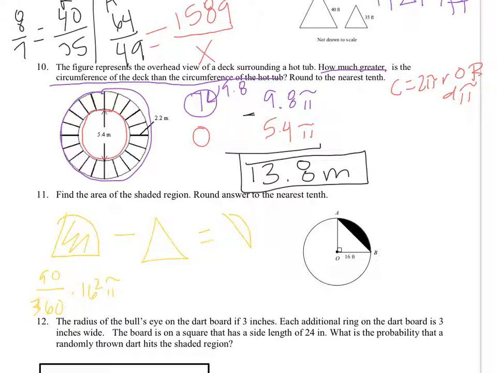That's my area of my sector minus the area of the triangle, which is 16 times 16, base and height, both the radius, divided by 2. And that's going to give me an area of my segment, which is equal to, it says round to the nearest tenth, 73.1 feet squared.